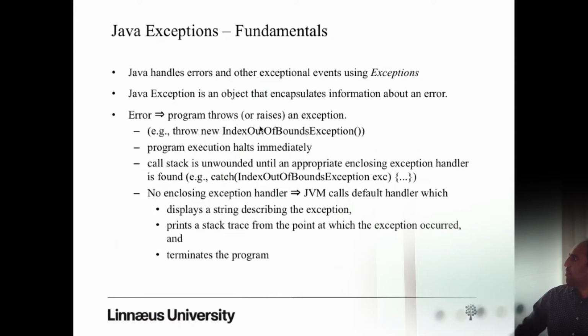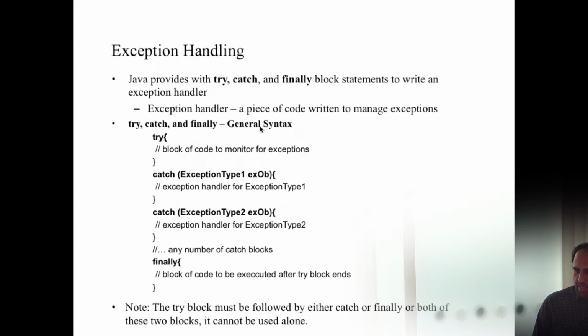So these are just some basic facts about exception handling in Java. All the errors and exception conditions are treated as exceptions in Java, and you can read about them, and if there is a problem, you can put the question on the model.